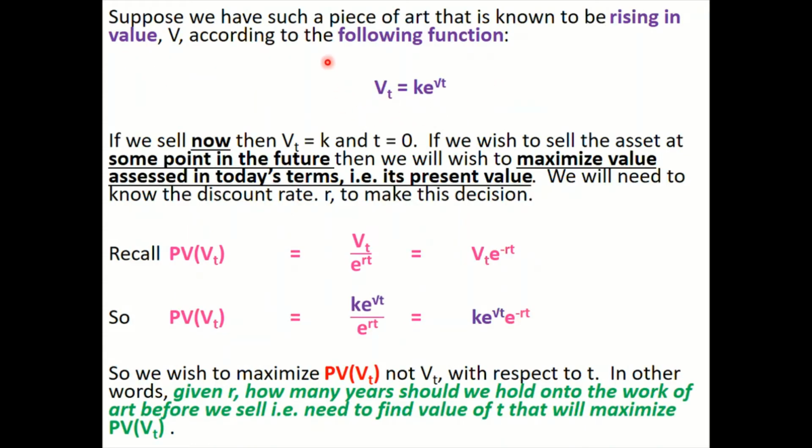We have a piece of art and it is known to be rising in value, V, according to the following function. The art's value after T periods is equal to K times e raised to the power of square root of T.